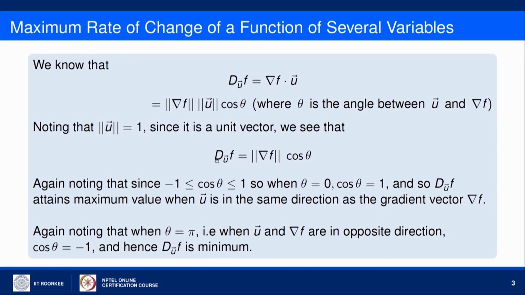So the maximum rate of change will occur in the direction of the gradient of f. Again, when we take theta equal to pi, that is, when u and gradient of f are in opposite directions, then cos theta becomes minus 1 and hence the rate of change will be minimum in this case.